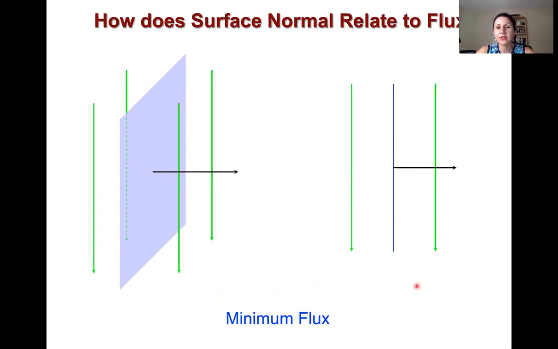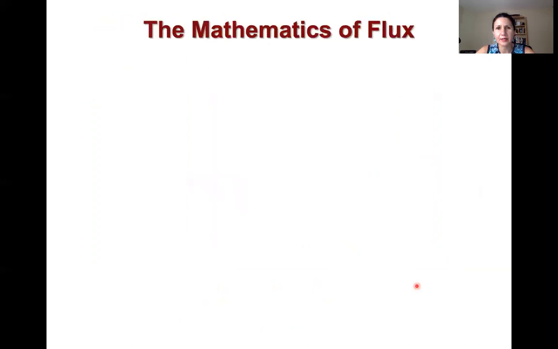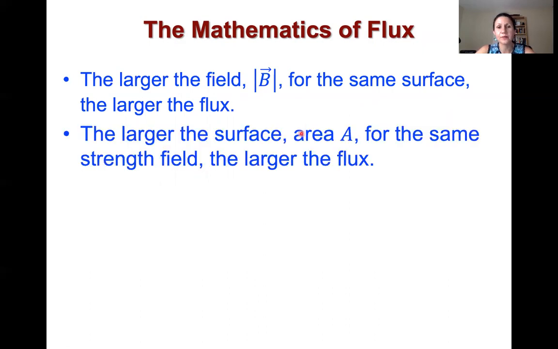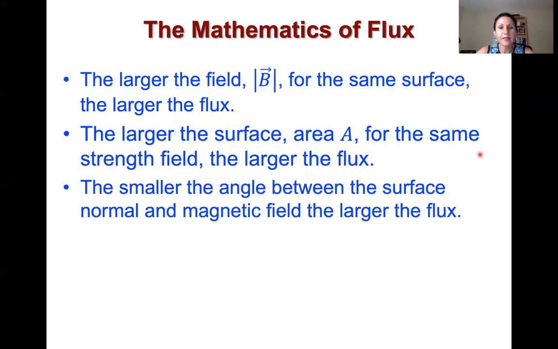Just to summarize, what are the things that determine this flux? Well, the larger the actual magnetic field strength for that same surface, meaning more field lines per area, the larger will be the flux. And the larger the actual surface area, so if we took an area and doubled it, you would double the amount of flux, the amount of field lines that are going through it, the larger is the flux.